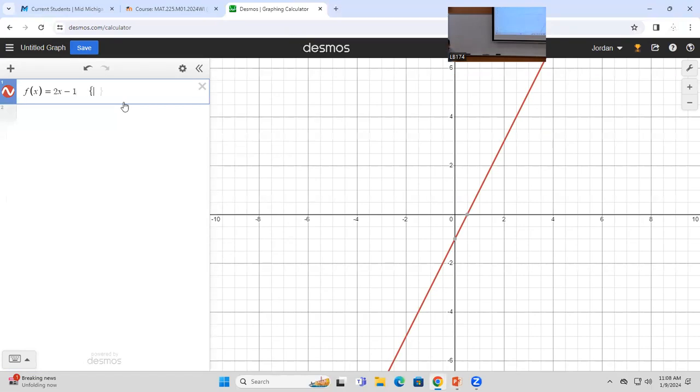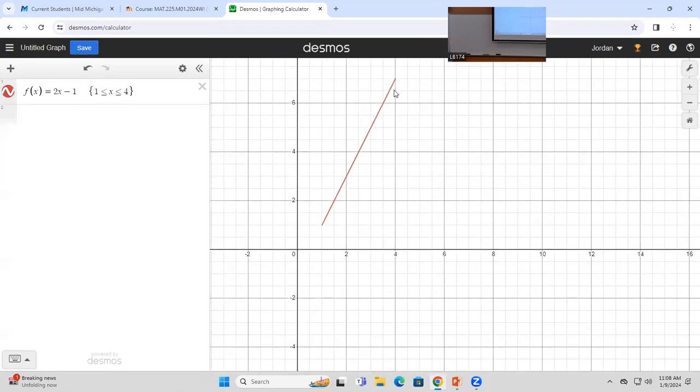Now, one of the ways you can do the area from 1 to 4 is say x value between 1 and 4. Let's do a less than or equals. Okay, so here's the section of that line I'm looking under. So let's try to figure out the area here.